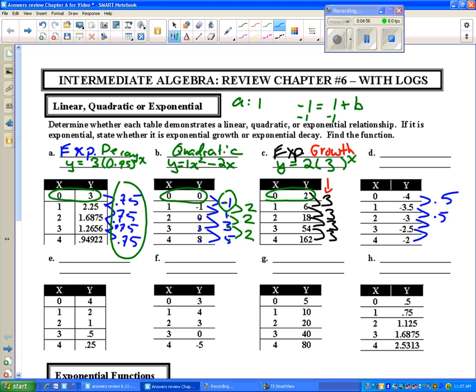Negative 2.5 minus a negative 3 is 0.5. Negative 2 minus a negative 2.5 is 0.5. So this has to be linear. y is equal to my first difference, 0.5x minus 4, because my b is y when x is 0.